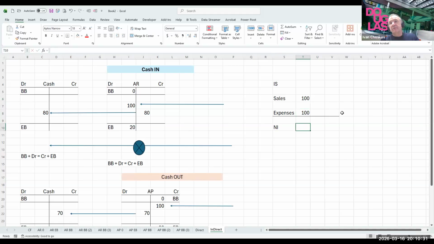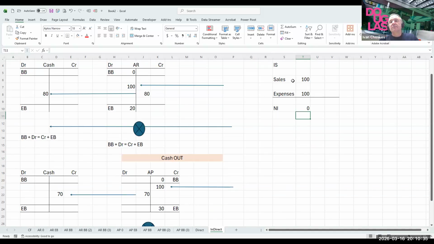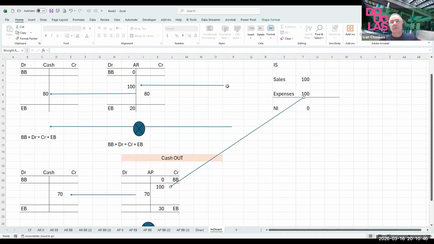So our net income is 0. That's how we started, correct? So that's why those 100 is going to come from right here, and those 100 is going to come from right here. And now you have your sales and expenses.